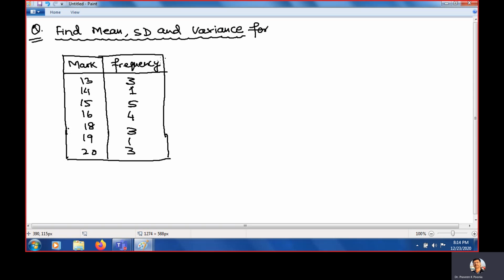Clear? If you see the formula, first we are talking about mean. Mean is x bar, which is sigma fx upon sigma f. These two things we need.